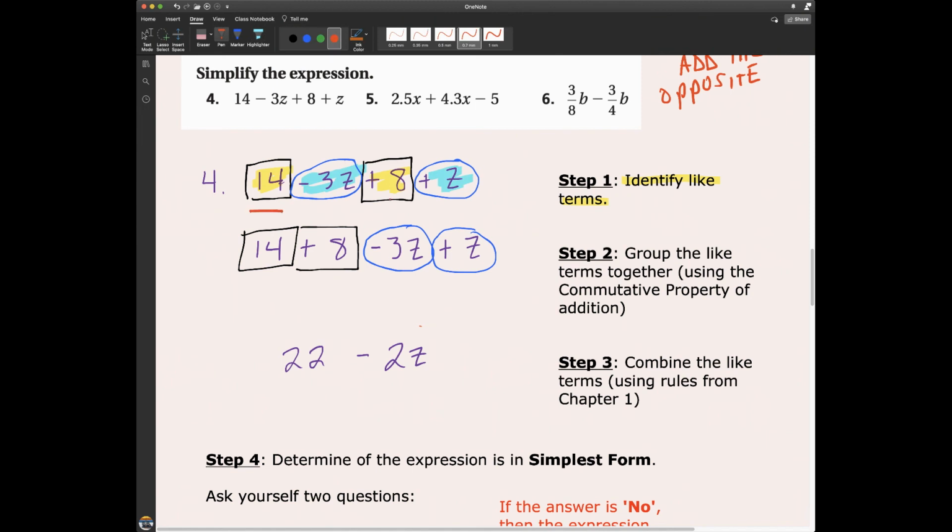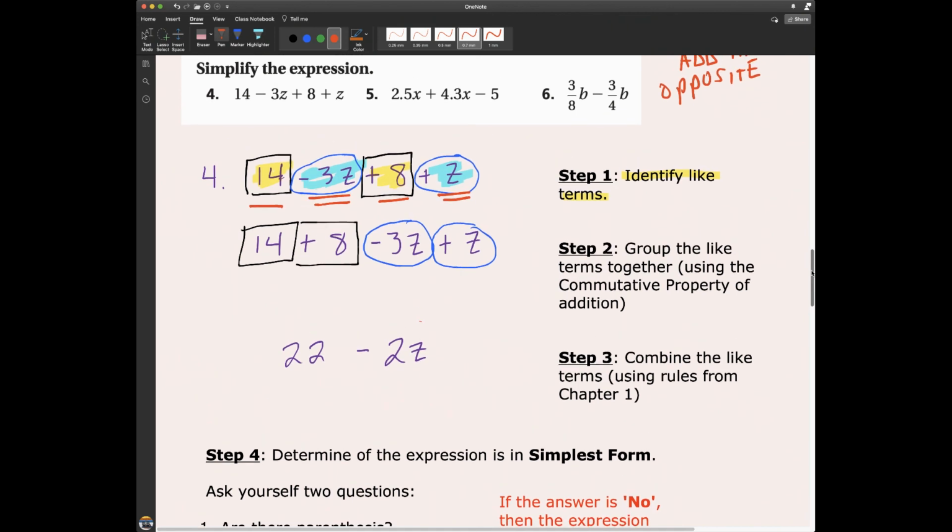So I can underline like terms like this, and maybe these like terms, I put 2 lines underneath. Whatever your style or method is your style or method. I'm going to use circles, squares, and triangles just because I like them. So step 1, identify the like terms. And this is how I identify them.